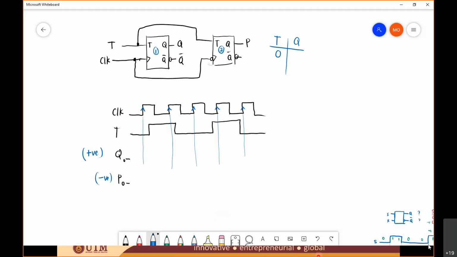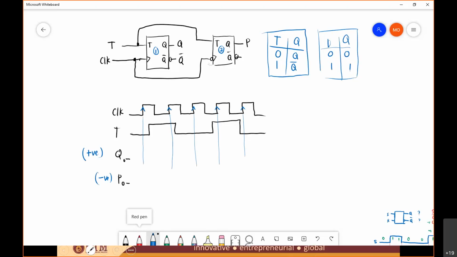What is your output Q when T is 0? Anyone? Who wants to help? No change. Okay, no change. So this is no change. When T is 1, it will toggle. Remember this, you must memorize this truth table. For D, 0 and 1, when it is 0 it is 0. When it is 1 it will become 1. The JK flip-flop truth table you also have to remember later. Only then can you answer the questions later.